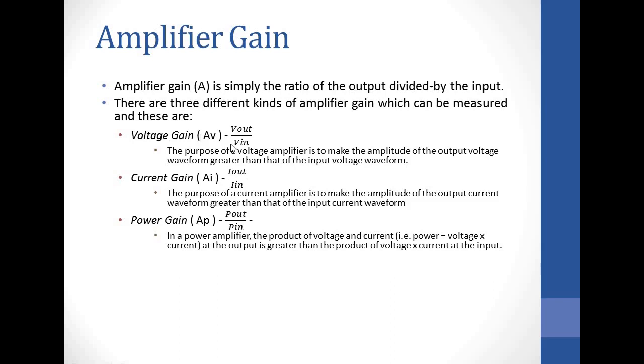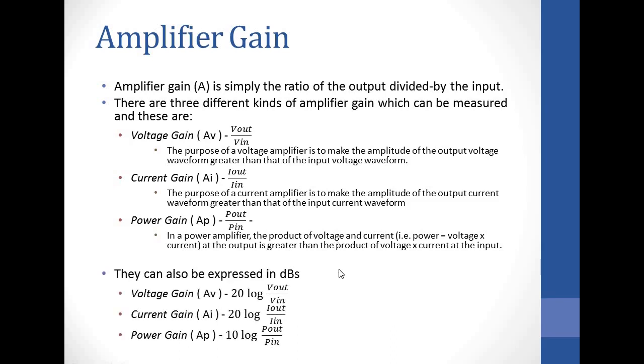We can talk about voltage gain, where we say output voltage over input voltage. Current gain is output current over input current. Power gain, which is output power over input power. We should also know that power is the product of voltage and current. The voltage gain, power gain, and current gain can also be expressed in decibels using those formulas.